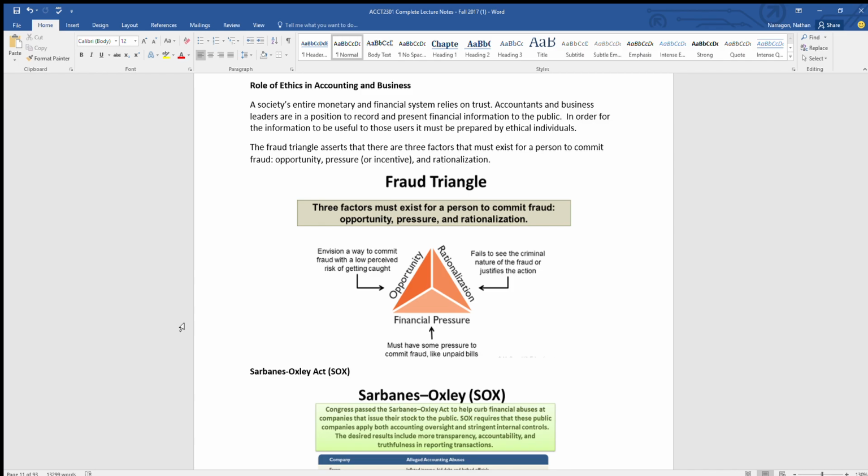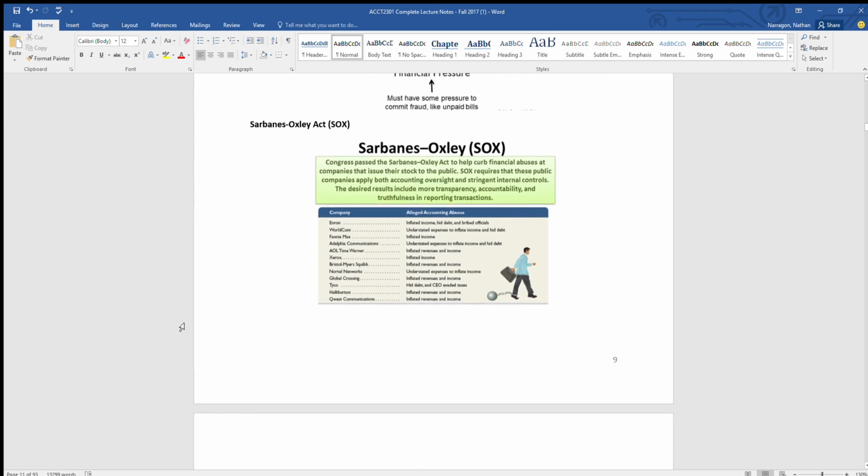So, watch out. The next thing that really came from fraud is known as the Sarbanes-Oxley Act, and its acronym is SOX. So I'm not talking about the White Sox, I'm not talking about the Red Sox. This is actually the government SOX. So when you hear SOX, don't go to sports if you're in the accounting world.